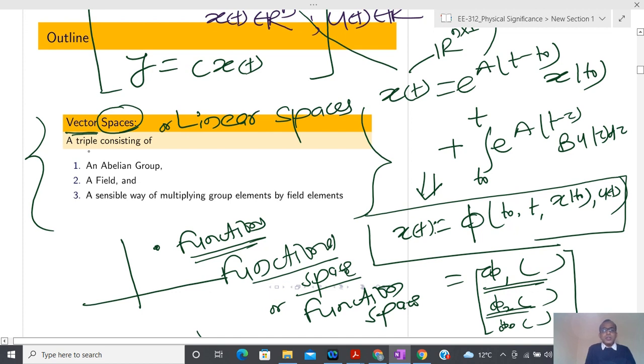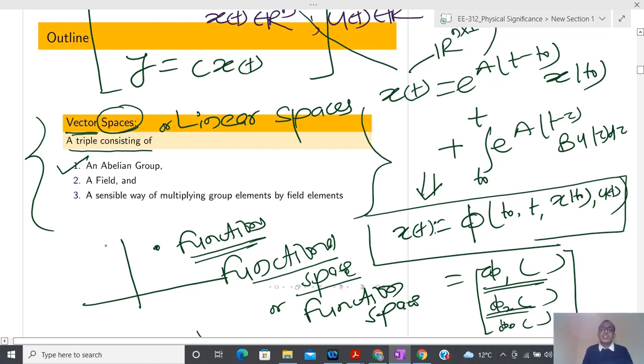Okay, so in this space each element is in the form of some kind of triplet. Whenever I am talking about a vector space, the property of an abelian group should be satisfied. And what is the meaning of an abelian group?